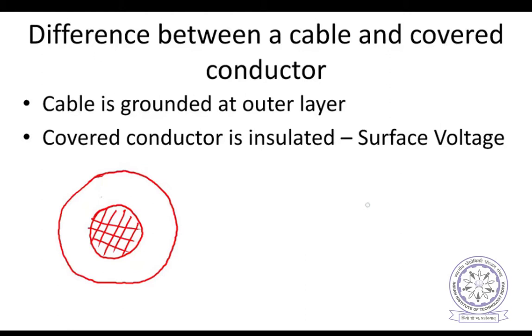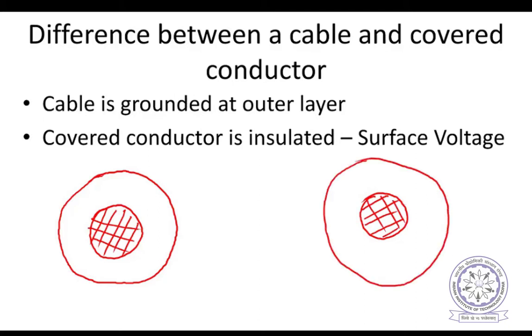And then as for the cable, what is the cable? Cable is also having a central conductor, but after the outer insulation, of course, I am ignoring the other small layers, there will be a small semiconducting layer on this, and this outer layer is at ground potential.